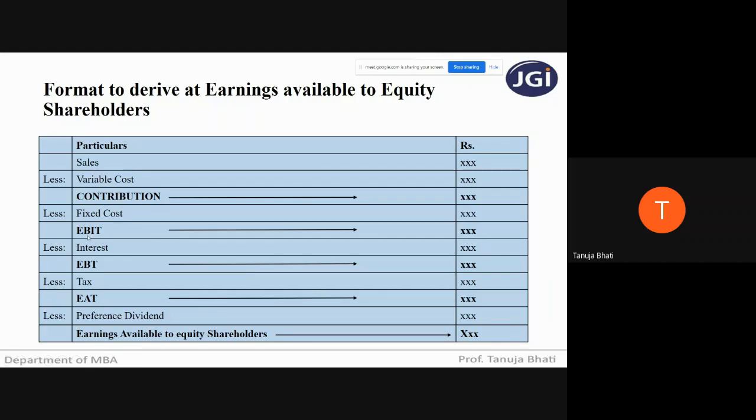See, interest to the debenture holders is not your operating expense, students, because operating expenses or operating incomes are only those which relate to your day-to-day operations. So your formula for operating leverage is very simple: contribution divided by EBIT.